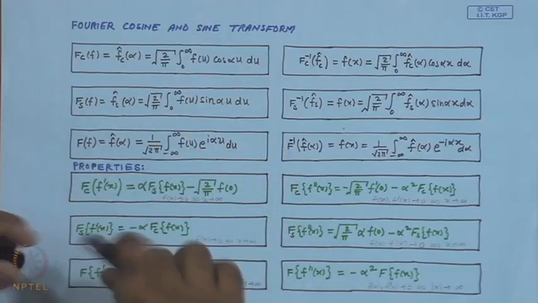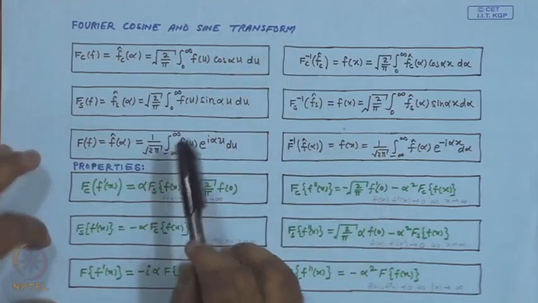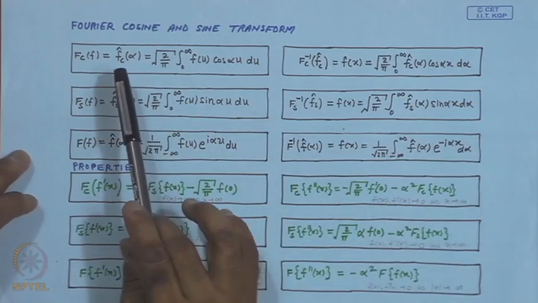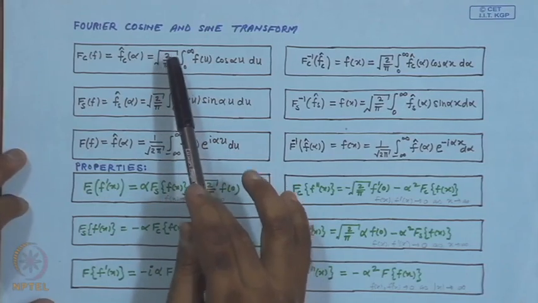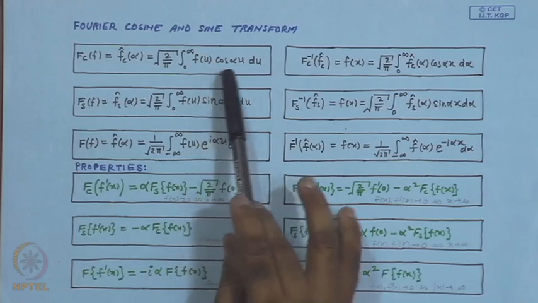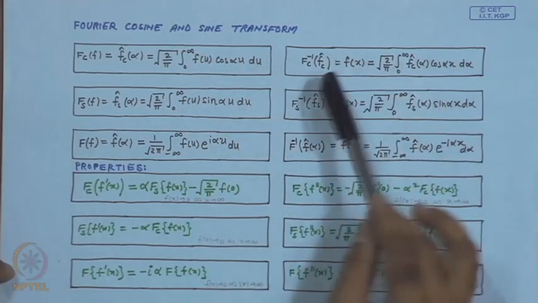So, before I go to the example, let me just summarize some formulas and the properties of the Fourier transform. So, we have here the Fourier cosine and sine transform. The Fourier cosine transform is denoted by f_c hat of alpha, and the definition is square root of 2 over pi times the integral from 0 to infinity of f(u) cos(alpha u) du, and its inverse.